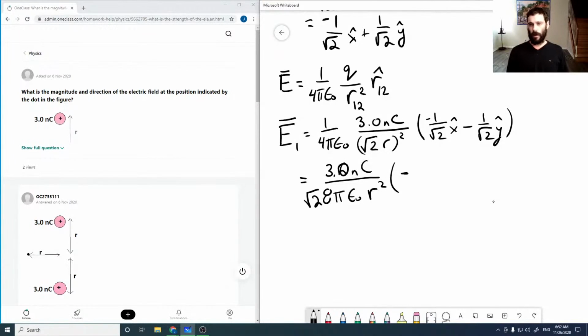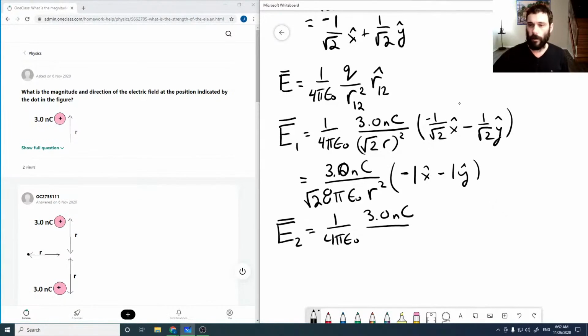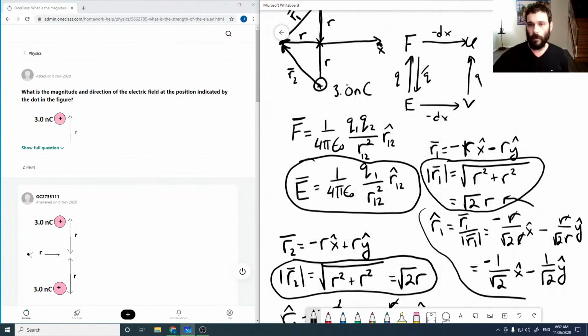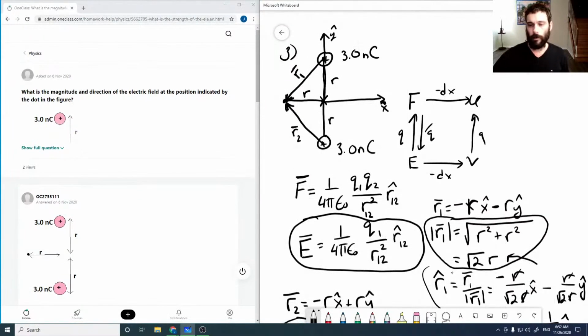And then this will just be minus 1 x hat minus 1 y hat, like that. And now we're going to play the same game with charge 2. So the electric field due to the second charge is 1 over 4 pi epsilon naught, 3.0 nanocoulombs, because our second charge in the figure is also 3 nanocoulombs.